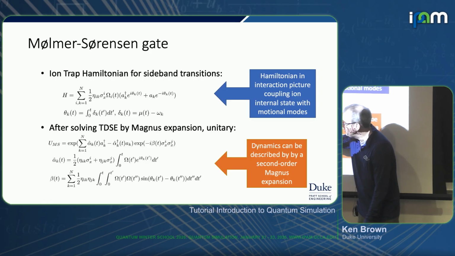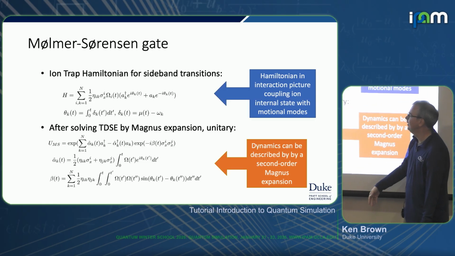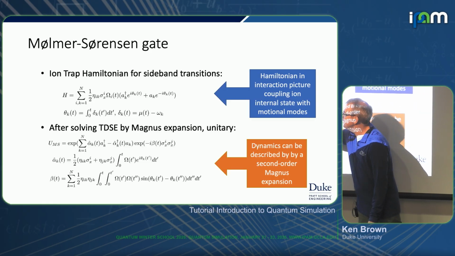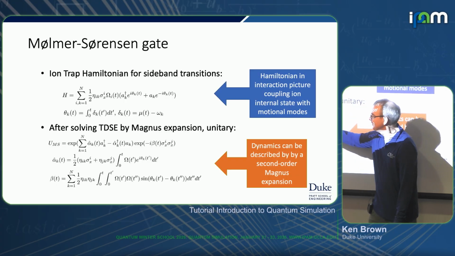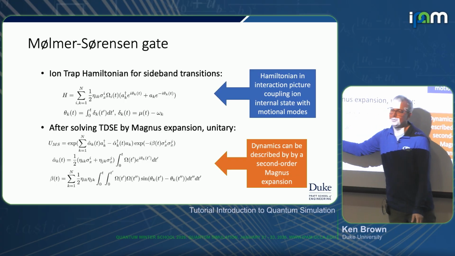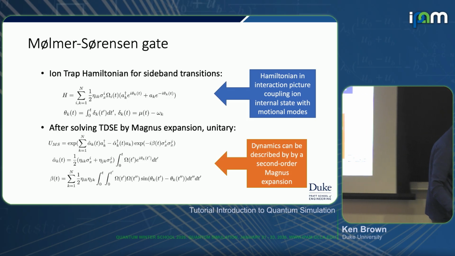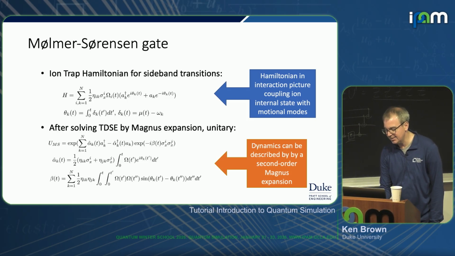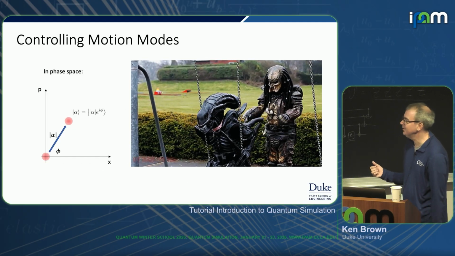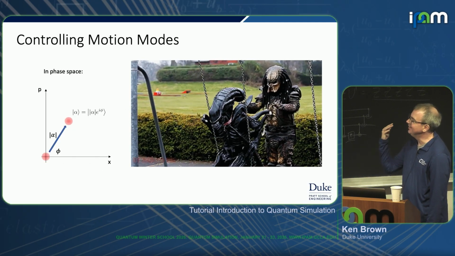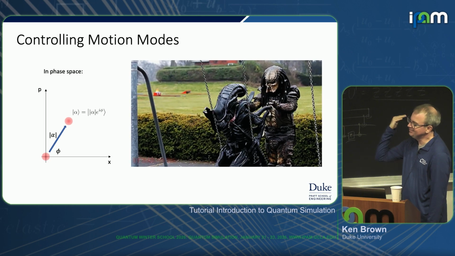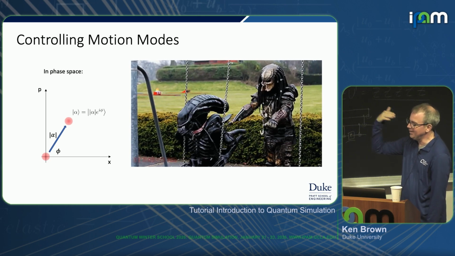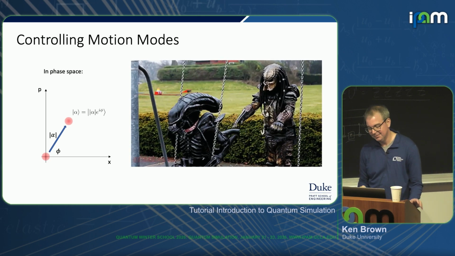So instead of doing my usual 2-qubit gate, I basically want this piece to go to 0, and I want to set this piece to wherever I want to put it. I motivate it by this cartoon of a child on a swing. You just push the oscillator, you make alpha as big as you want.